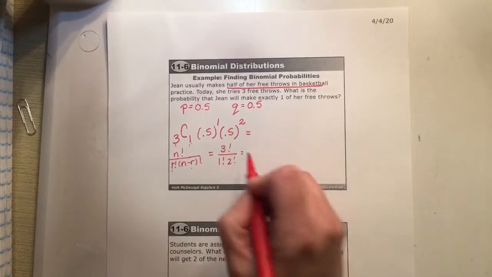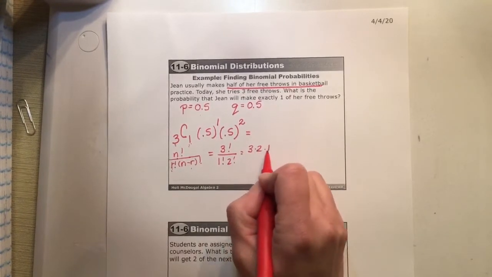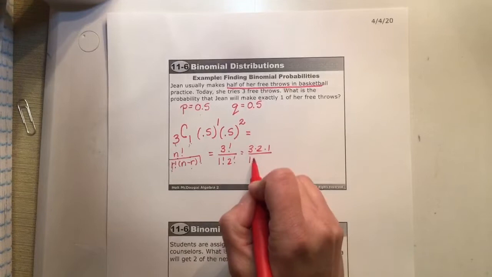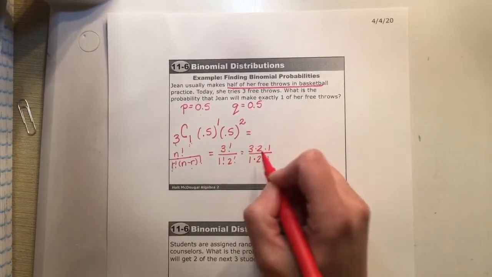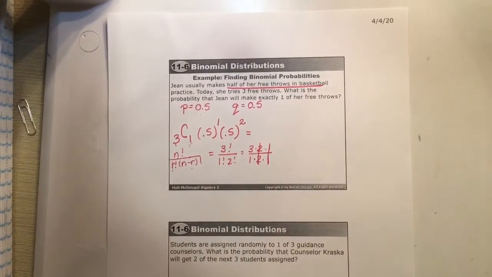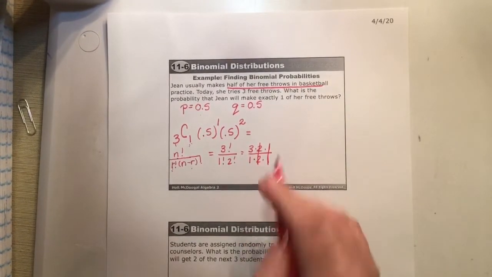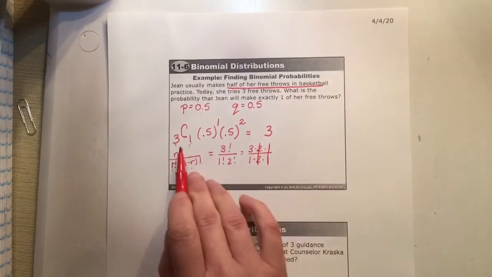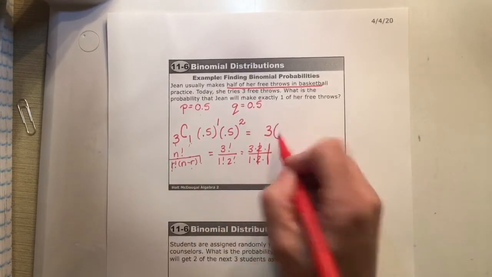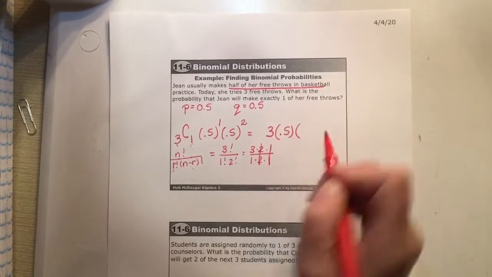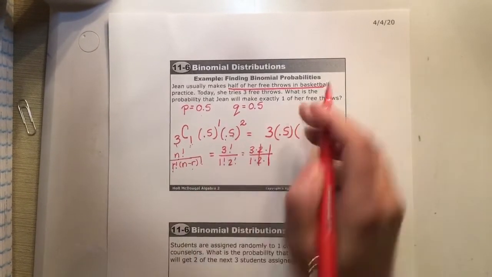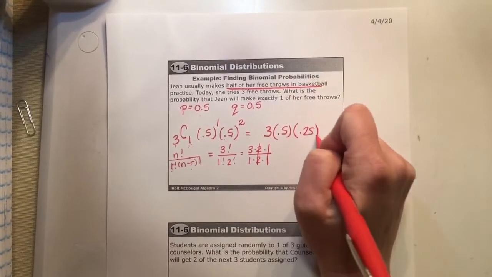3 factorial is 3 times 2 times 1. 1 factorial is just 1. 2 factorial is 2 times 1. Well, the 2 and the 1 would both cancel, leaving me 3 over 1. So my combination has a value of 3. 0.5 to the power of 1 is 0.5. 0.5 squared is 0.25.